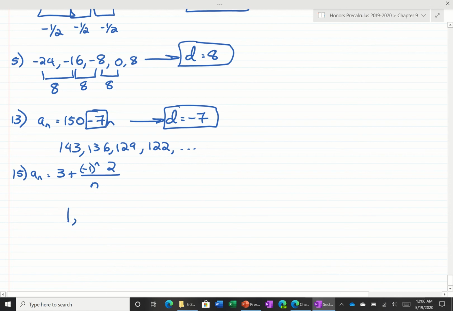We put 2 in, we're going to have 1 times 2 is 2. 2 over 2 is 1. 1 plus 3 is 4. If we put 3 in, we're going to have negative 2 over 3 is negative 2/3. Negative 2/3 plus 3 is 7/3. The difference between these numbers is 3. The difference between these numbers is not 3. So 15 is not an arithmetic sequence.